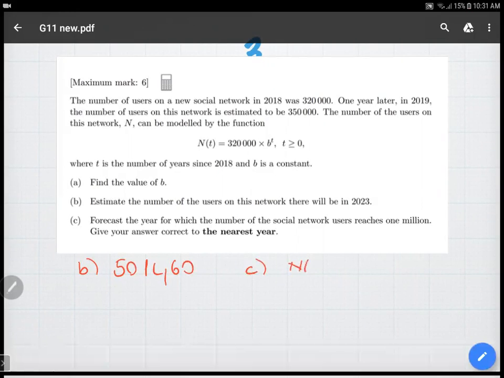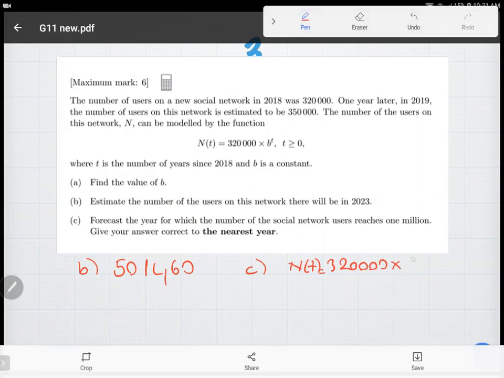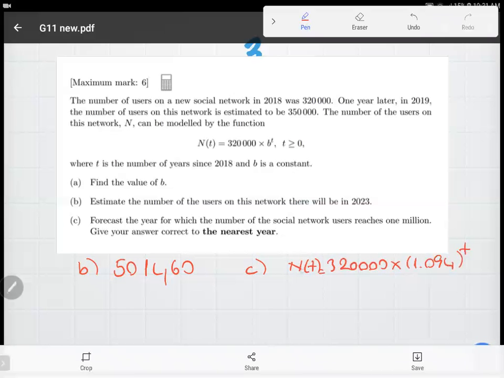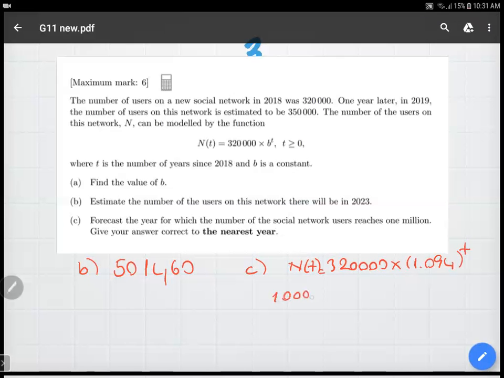N of t is equal to 320,000 times, we know what is b, we already calculated 1.094, and power t. And we want N to be 1 million. And then we will find the corresponding t.